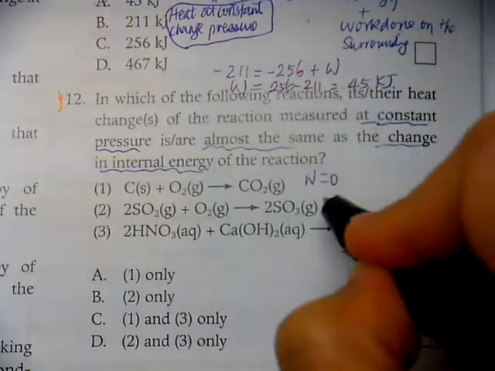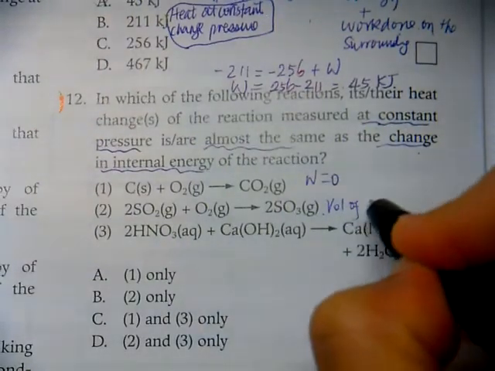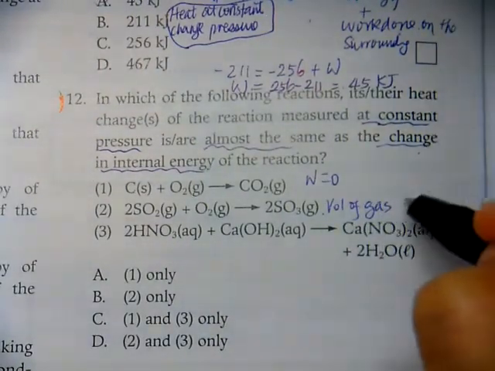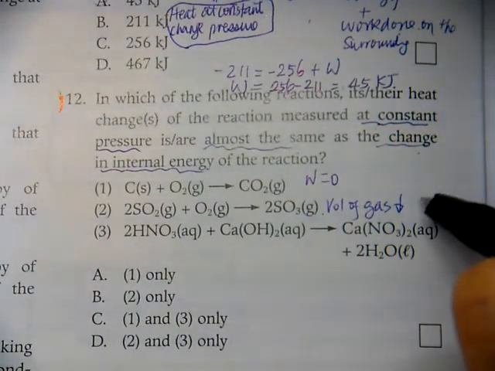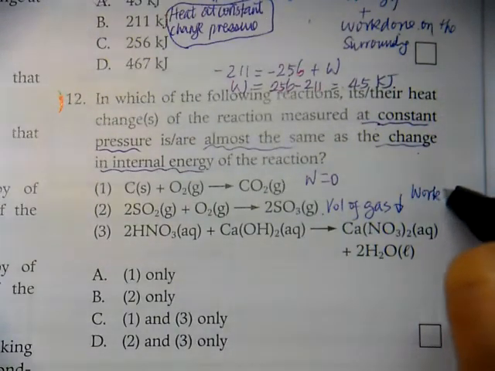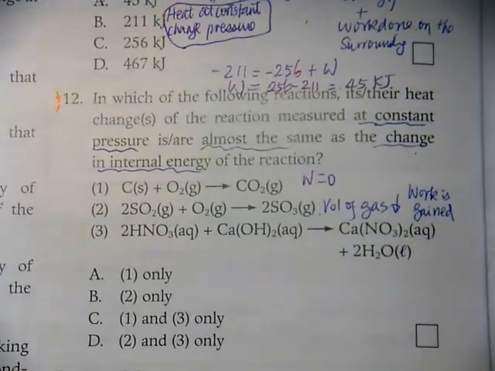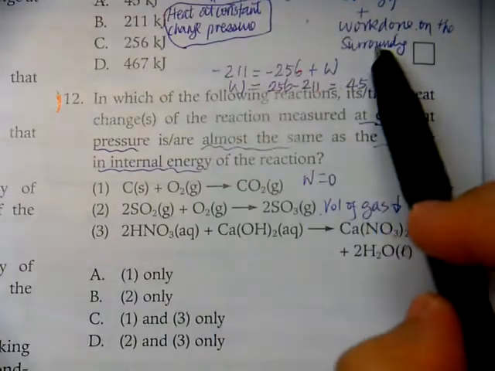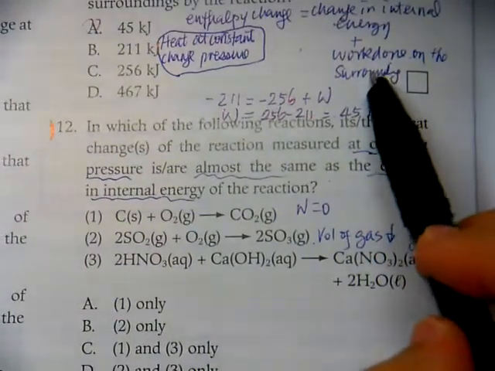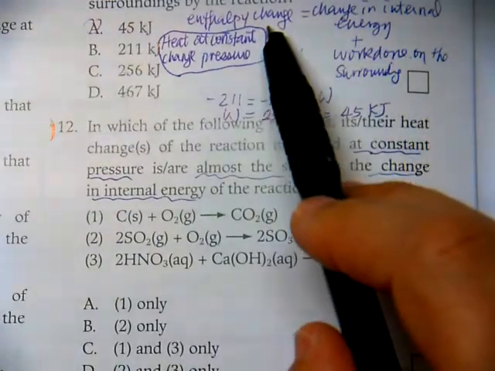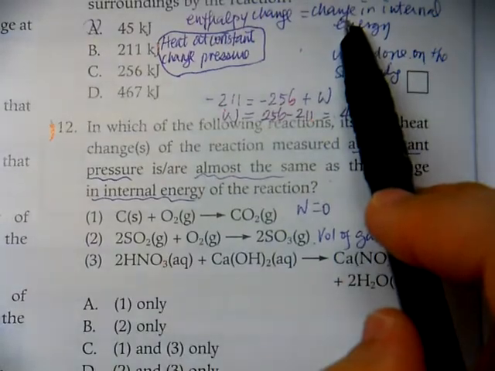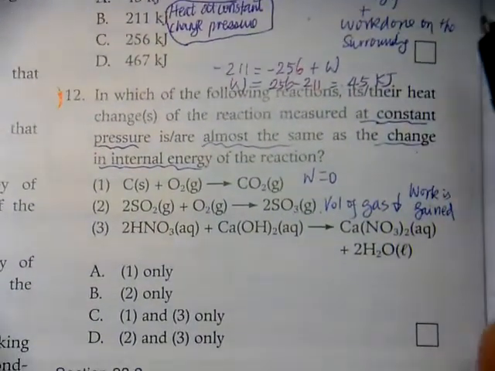In other words, the volume of gas decreases, that means work is gained from the surrounding. Although work is gained, it will have a negative sign. Enthalpy change is not approximately equal to the change in internal energy.